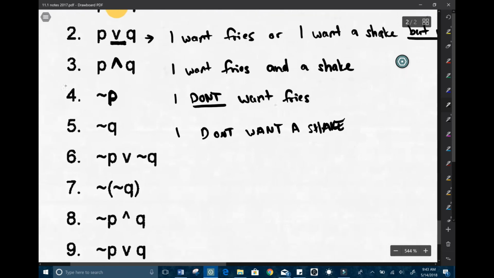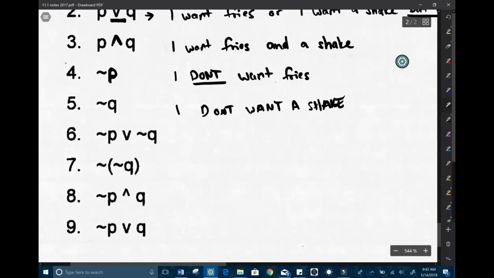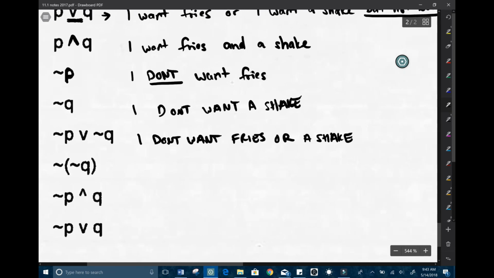Not P or not Q. So now we're combining them. I don't want fries or a shake. And this is inclusive or both.